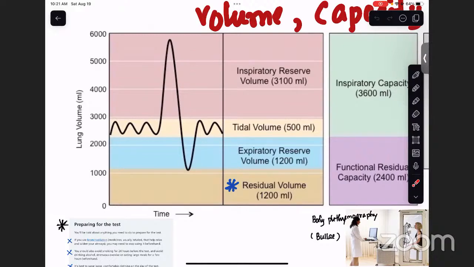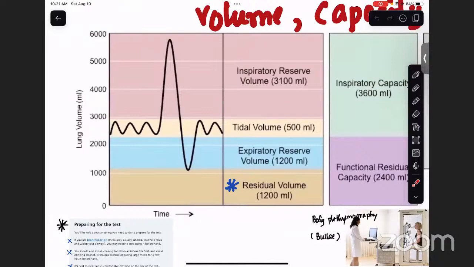If we breathe out all the air from our lungs, the alveoli would collapse, and there would be no air entry, and we would get respiratory failure. So it's important to have residual volume, but there are some pathologies with increased residual volume, like obstructive airway disease.